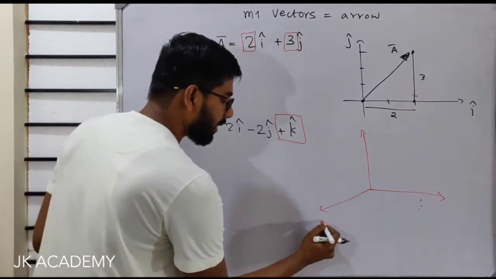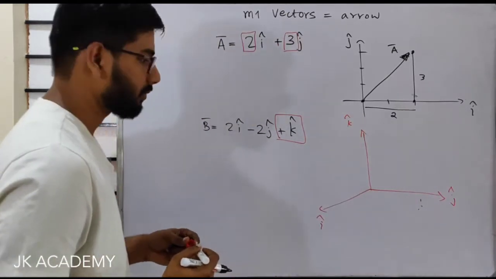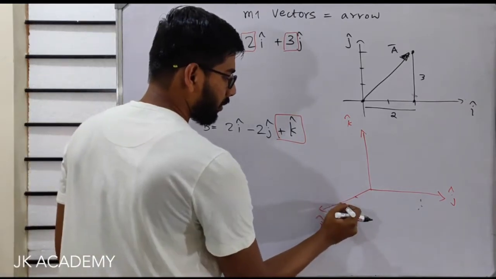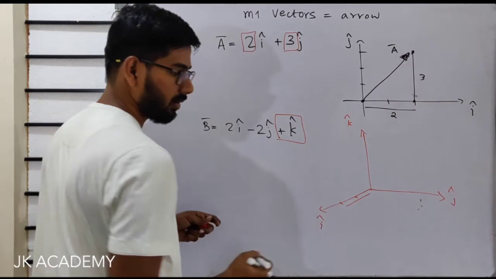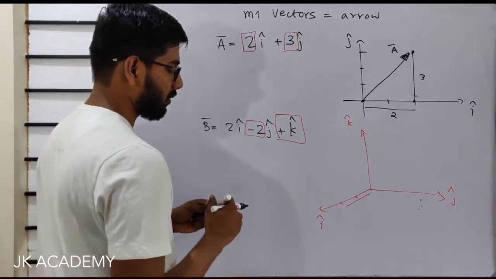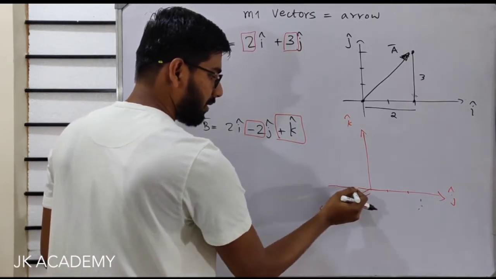So this is my i axis, this is my j axis, and this is my k axis. Beside i I have 2, so I have 1, 2, and I'll come here. Beside j, I have minus 2. So this is plus 1, plus 2 in the j direction, and minus 1, minus 2 in the other direction.